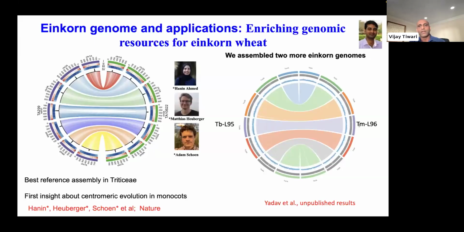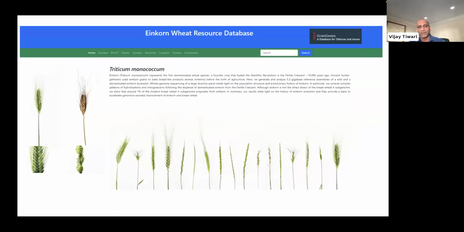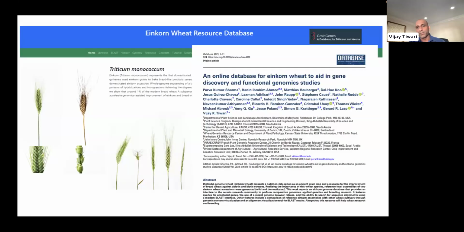So we had four different genomes, and we have established a very unique dataset for einkorn wheat. You can go to this database and look at the relationship between einkorn genes and bread wheat genes, Tauschii, and other cereal genes, and you can look at the synteny and all other relationships there. This paper also provides information about the database.